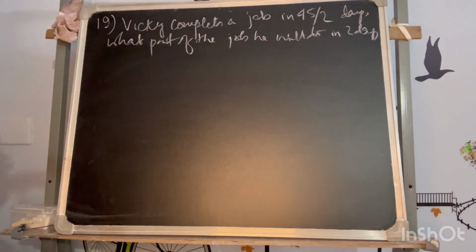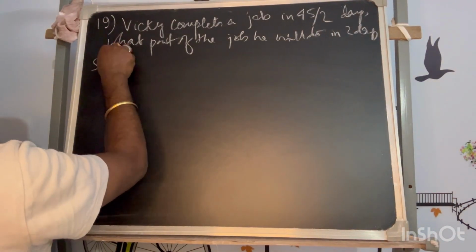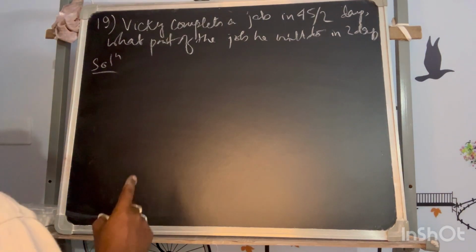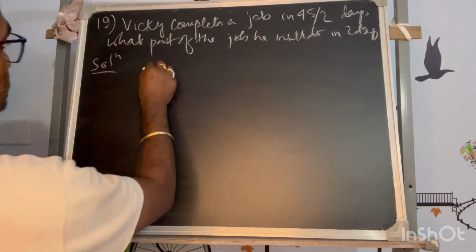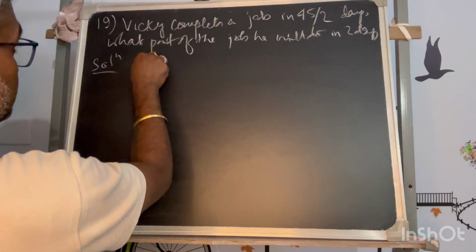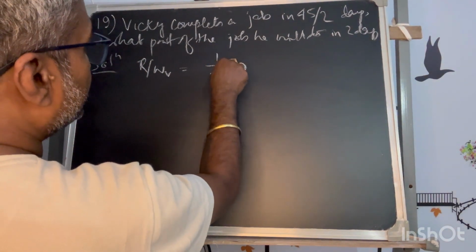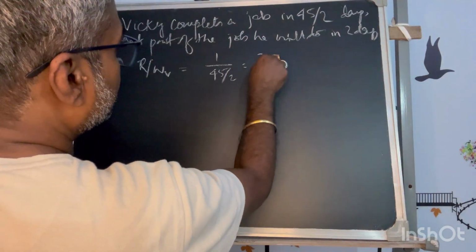So this is a very straightforward question. Vicky completes a job in 45 by 2 days. So what is the rate of work for Vicky? It is equal to 1 upon 45 by 2, that means 2 by 45.